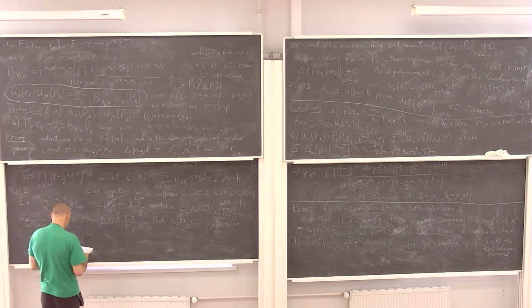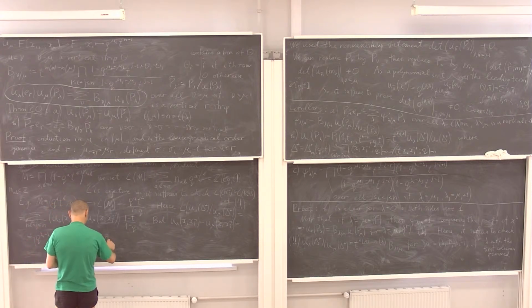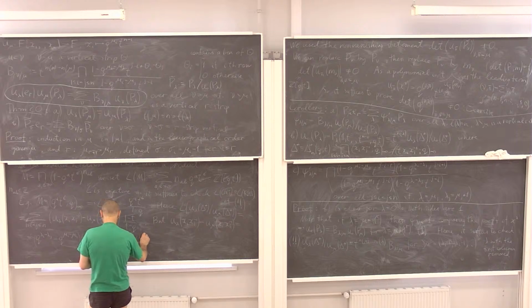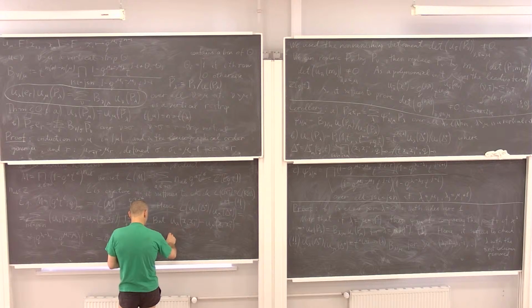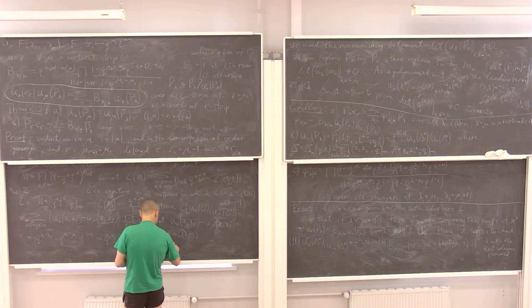Okay, so this is equal to q to the power mu_i times q minus 1 times t to j minus i for i smaller than the length of lambda and less than j, and 0 otherwise.